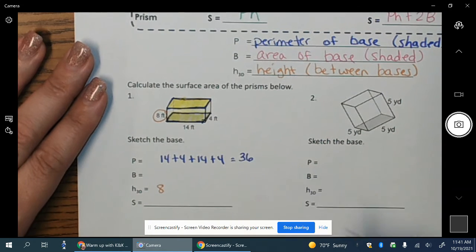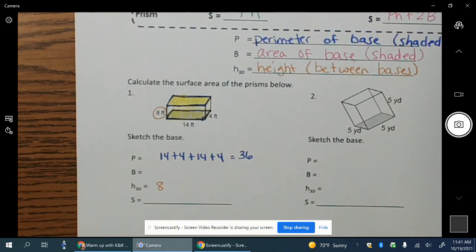Everybody should be using their calculators. Every single person. If you don't ever use it in class to practice, you don't know what questions you have. Okay? Could you have also said 14 plus 4 and then times that by 2? I put 18 plus 18. That's fine.